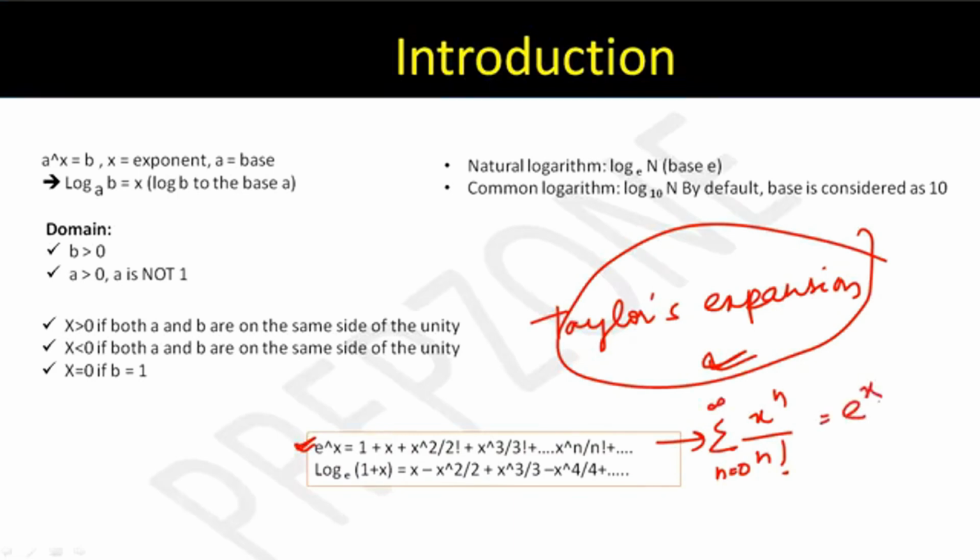Just remember this. What are the applications? How can we use this? I'll show you in the subsequent slides. I have added one question directly on the application of Taylor's expansion, so you'll be able to understand better. This is the expansion of e to the power x. Yes, you have to remember this. There is no shortcut.